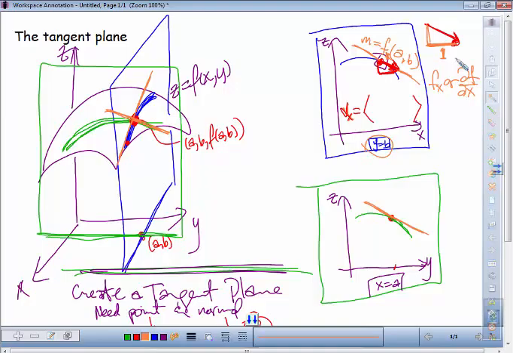This vector is on that line. I have the x component of that vector to be 1. The slope is the rise over the run. Now, can you tell me what this vector is? What's the x component of this vector? One.